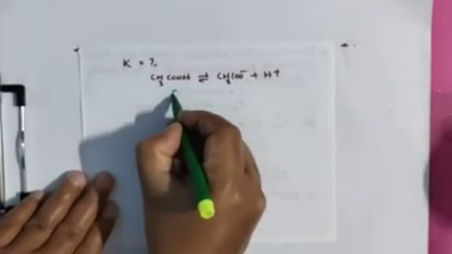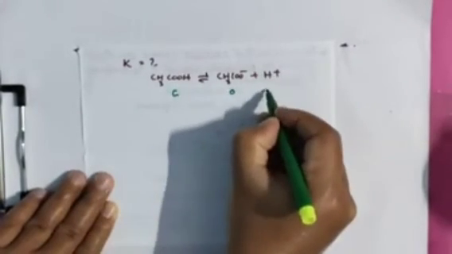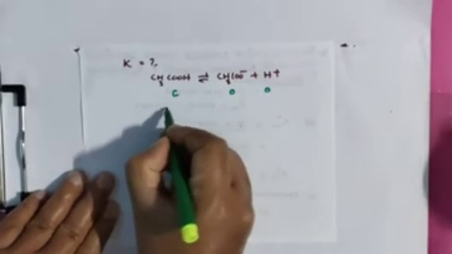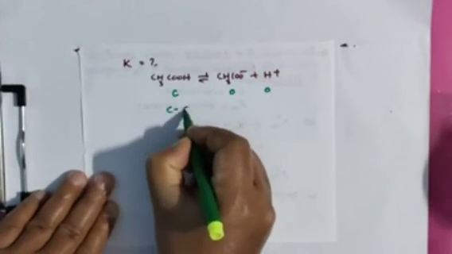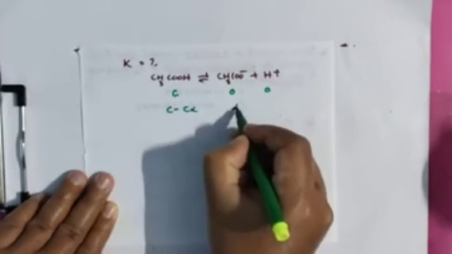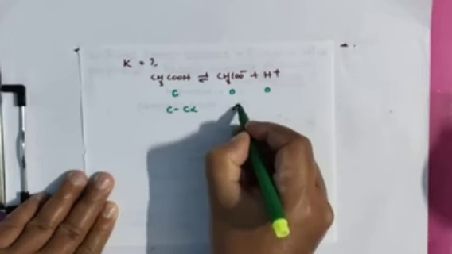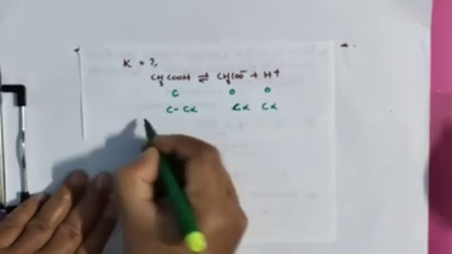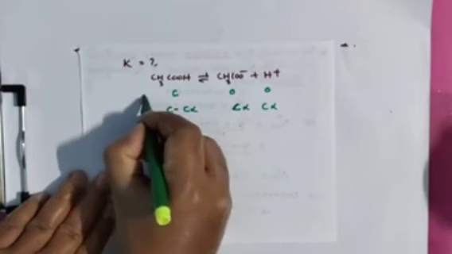Initial concentration C, and this is 0 and this is 0. After time t, the concentration is changed: C alpha, and this is also C alpha, and this is also C alpha. This is initially.